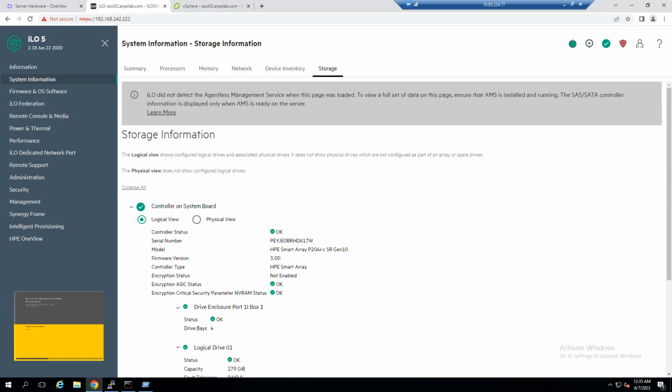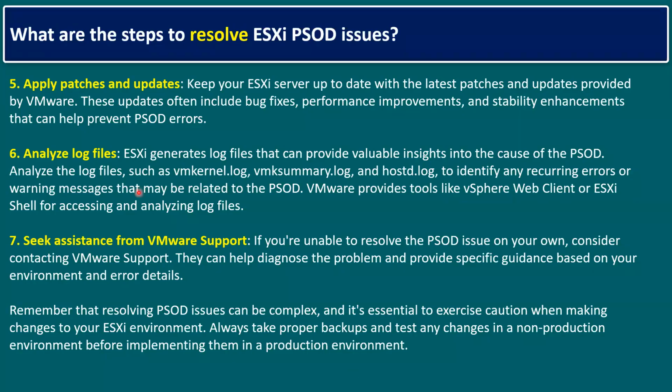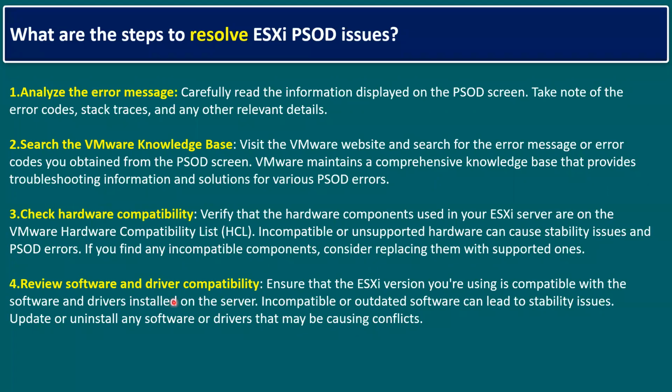But as I mentioned, in most scenarios the issues will resolve with the latest patch, or in some cases with the latest driver, or if we have any hardware peripheral changes, we have to replace the incompatible hardware peripheral to resolve the issue.